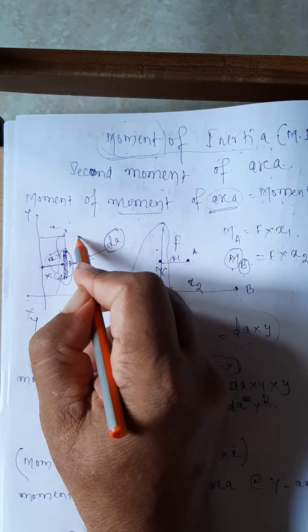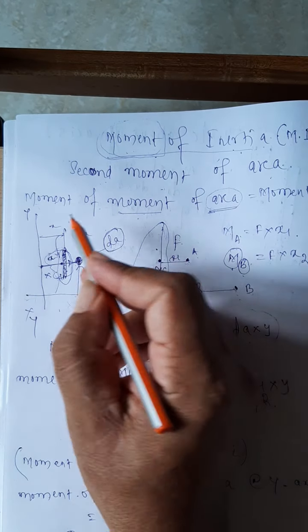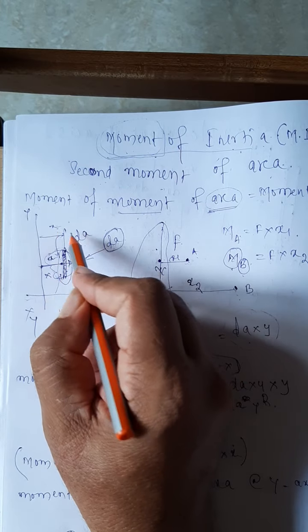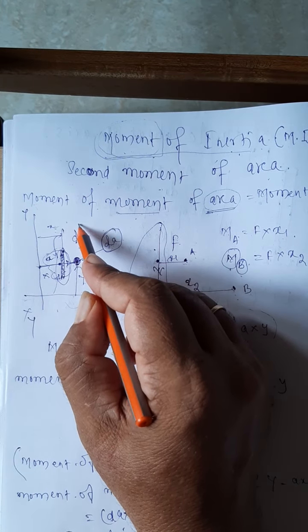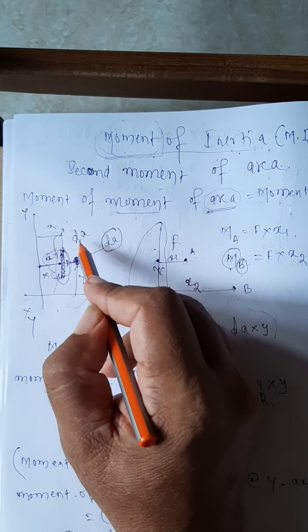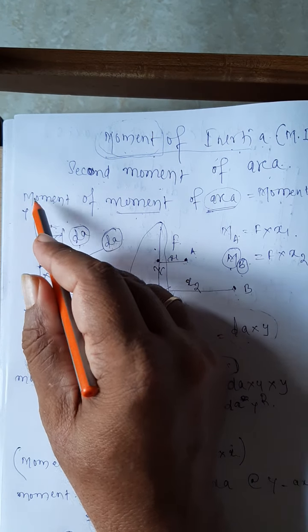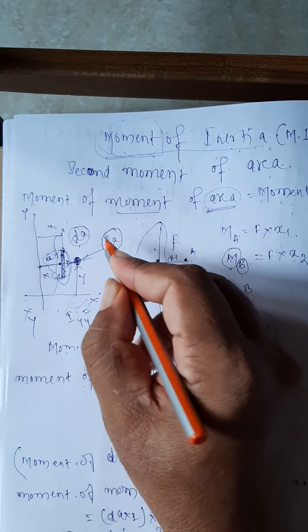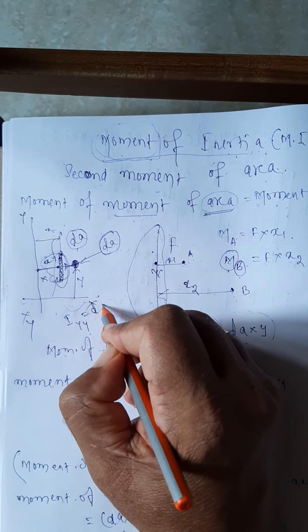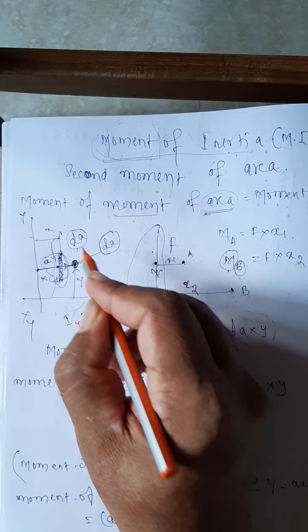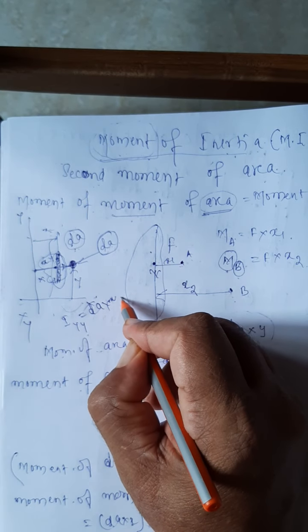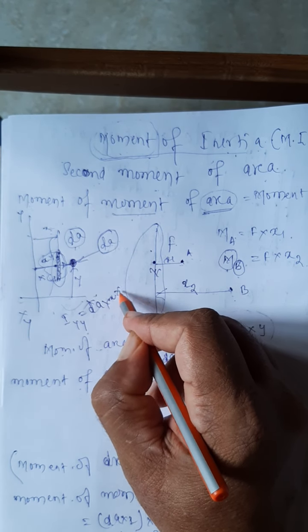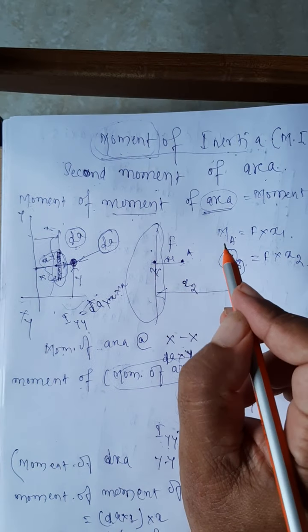If I call this dA, can you guess the moment of inertia of this dA about the y line? Iyy is equal to the first moment of area, dA into this distance x, and you multiply by one more x, that becomes the moment of inertia.